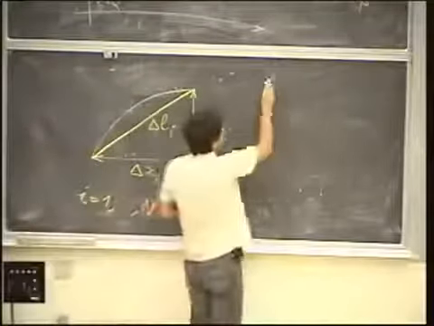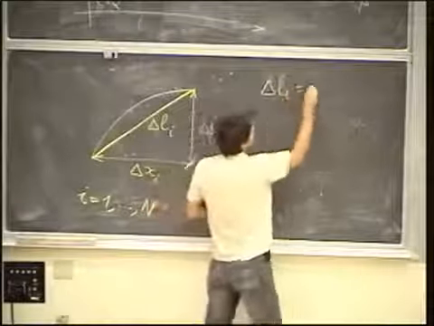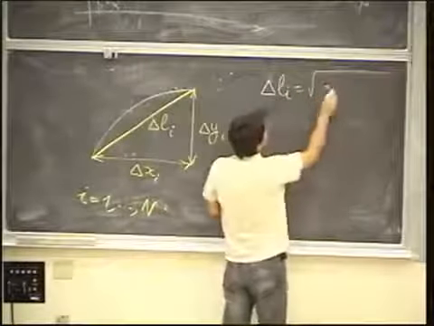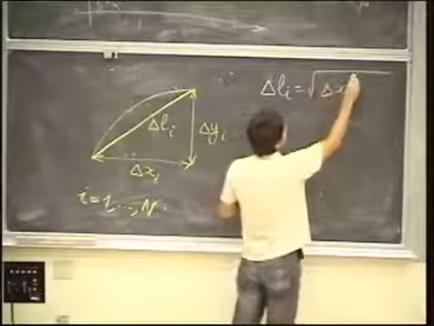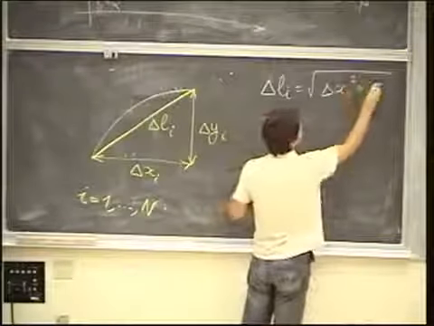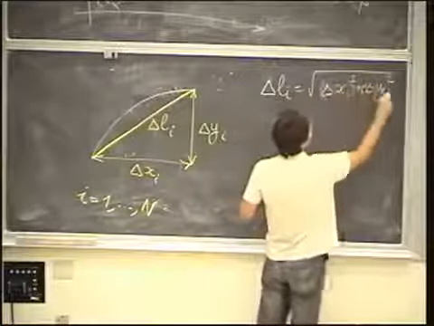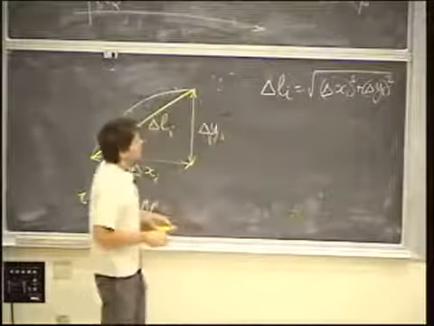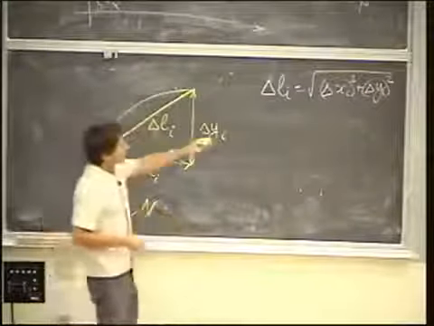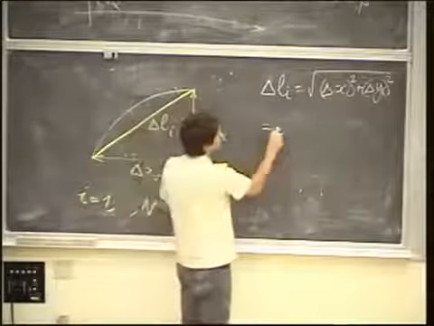And delta L_i you find by the Pythagorean theorem to be the square root of delta x_i squared plus delta y_i squared.